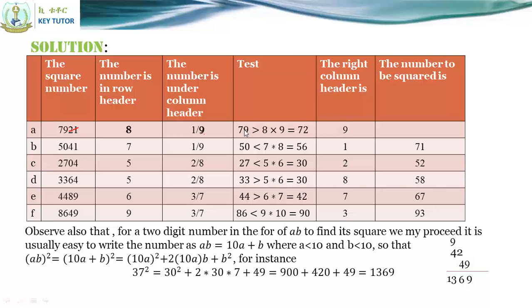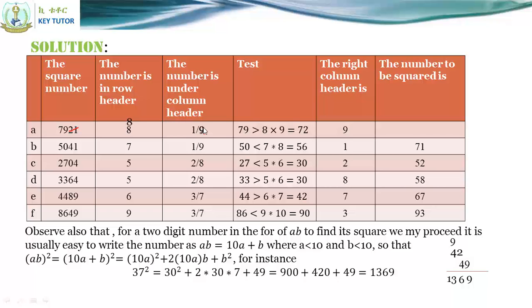If the number, which is 79, found after deletion of 21 here, is more than 8 times 9, which is the row header times row header plus 1, 72. 79 obviously is greater than 72, which means as it is greater, you take the larger number 9.